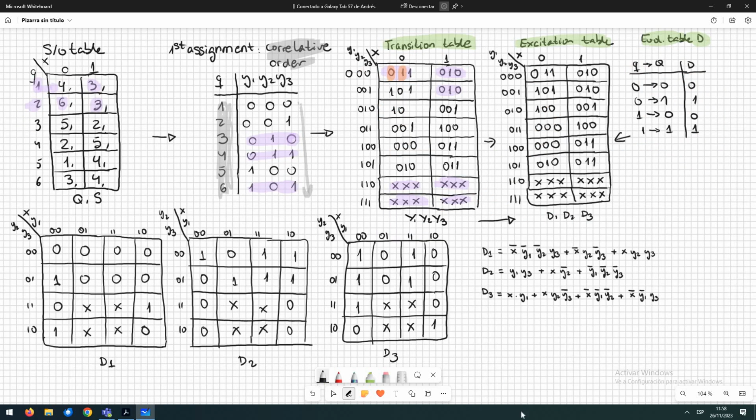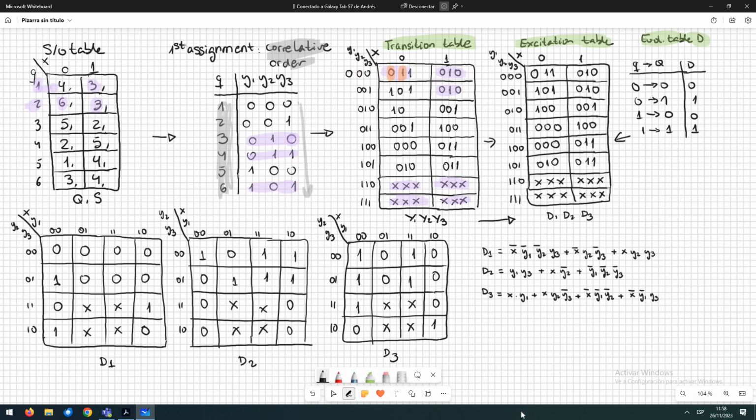The last step, the last stage of the design, is to build the Karnaugh map from the excitation table and to obtain the logic function that we have to put in the input of the 3 bistables. We are going to build the Karnaugh maps, as we saw in the design of the bistable, using the excitation table. In the excitation table we have 3 variables at the same time.